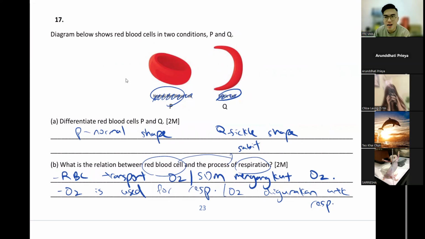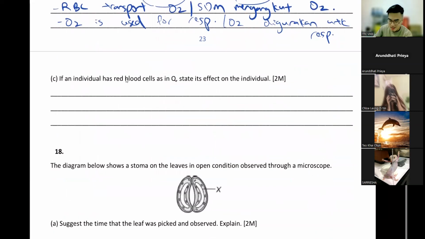You still have pertukaran gas one, right? You see, people with this disease, they can still do gaseous exchange like normal. It's just that their red blood cell cannot carry. Their red blood cell will carry less oxygen. Yes, that's what I want. Okay, mengangkut kurang oxygen.